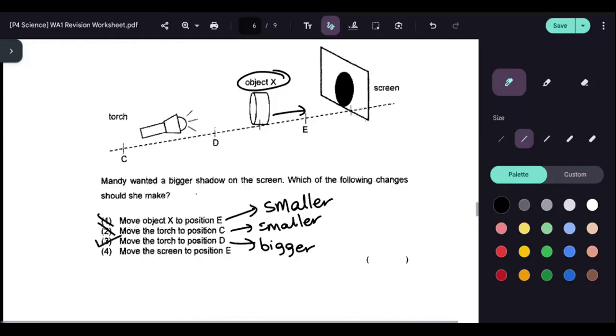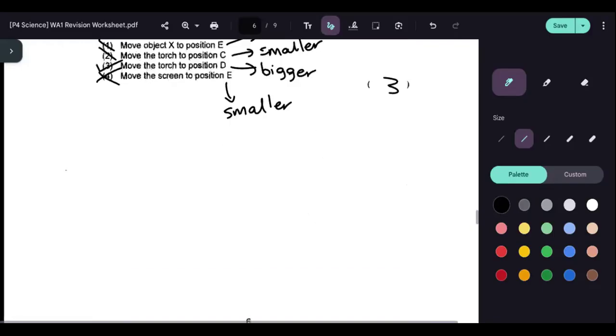Move the screen to position E. This one will be smaller. So judging by the answers that we have, answer should be 3. Okay, now let's move on to the next one.